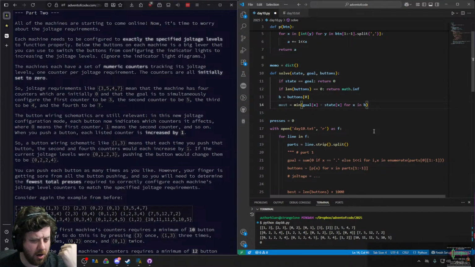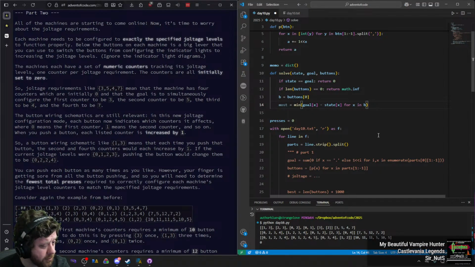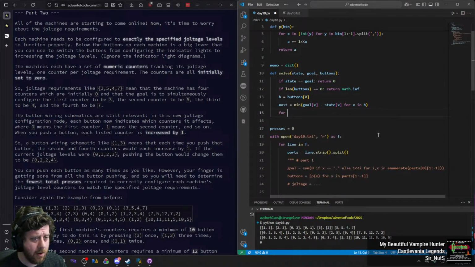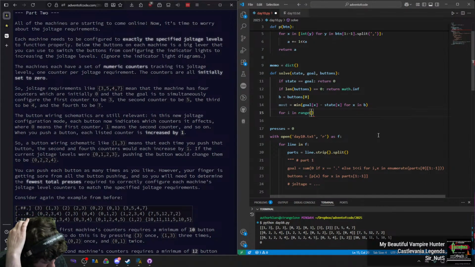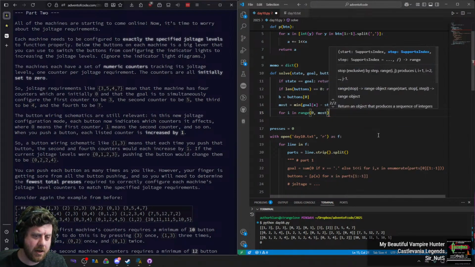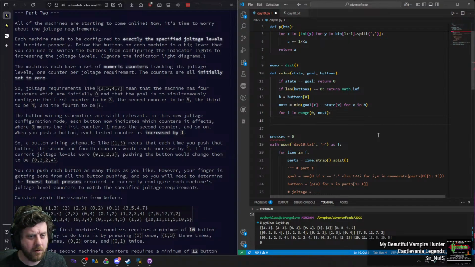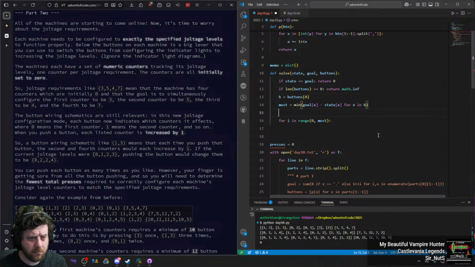And I think I want to try in reverse. So I'm going to say for i in range, I'll just do 0 up to most, and I'll do a subtraction. Best is math infinity.